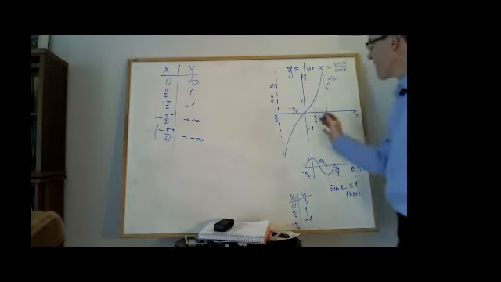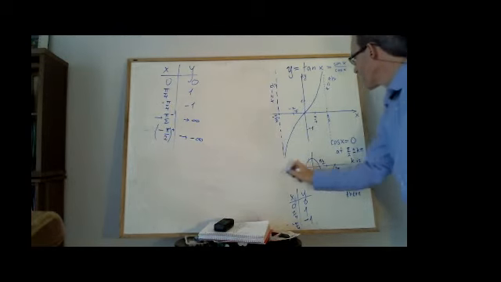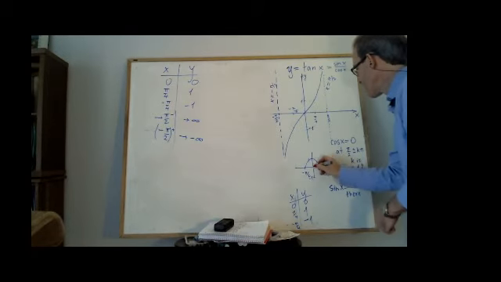Now if I go above pi over 2, what will happen is that the cosine of x above pi over 2 will be negative. So if I approach pi over 2 from above, this will be negative, but sine of x will still be positive. Sine of x isn't like this, remember.